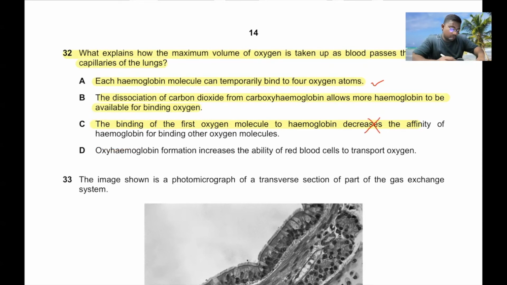Oxyhemoglobin formation increases the ability of red blood cells to transport oxygen. Yes, so this is the right statement which explains how the maximum volume of oxygen is taken up as the blood passes through the capillaries of the lungs. Because if hemoglobin binds with one oxygen, then the HbO2 increases in affinity to bind with more oxygen.